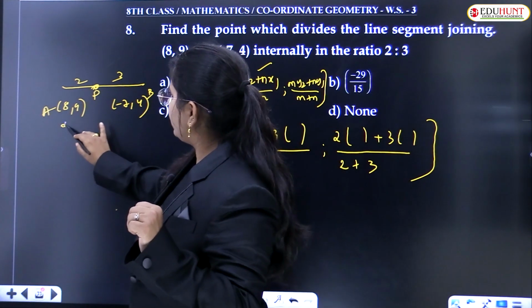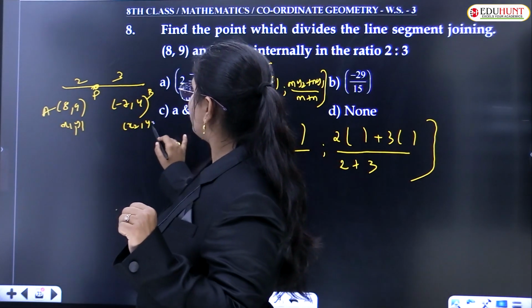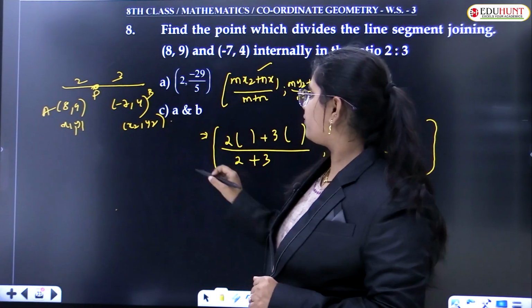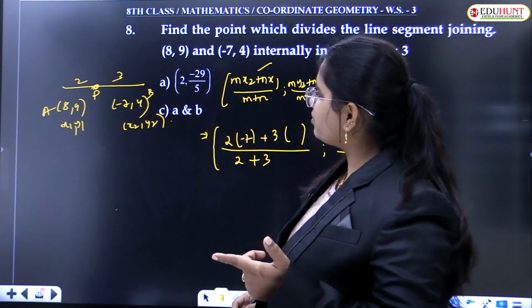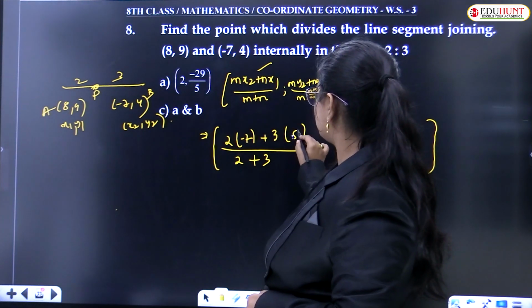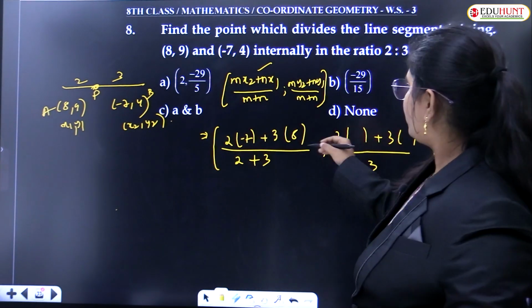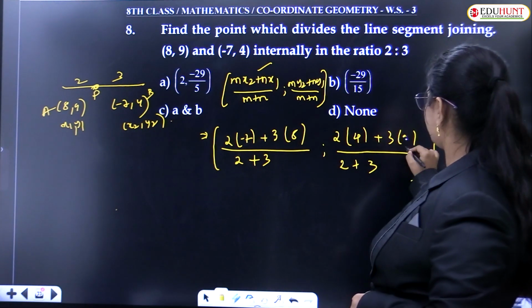This is x1, y1 and this is x2, y2. From the figure, what is x2? Minus 7. What is x1? 8. Correct. Next, y2 is 4 and y1 is 9.